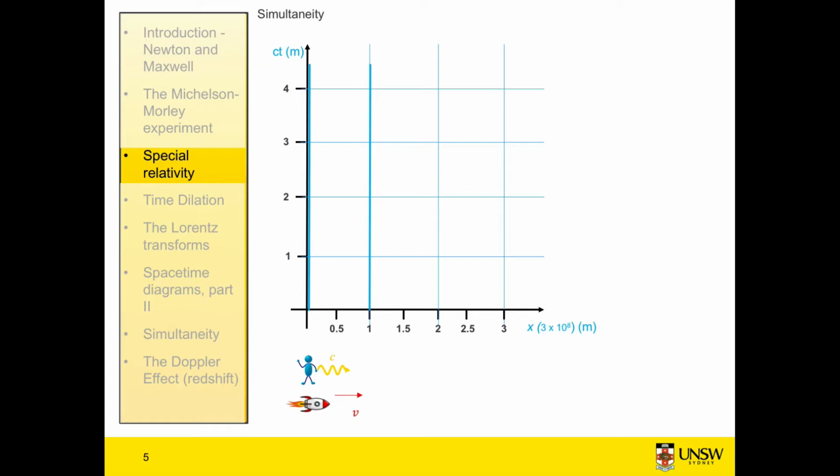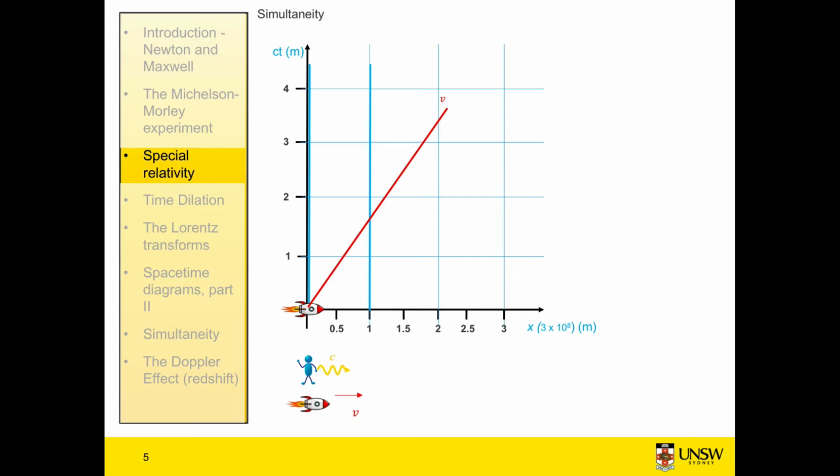We know that the world lines of our two men are vertical. They're not moving through space. From their point of view, they're stationary. And from our very first look at space-time diagrams in the previous video, we know that the world line of our rocket moving with a velocity v and starting at x equals 0 from the time t equals 0 will look like this.